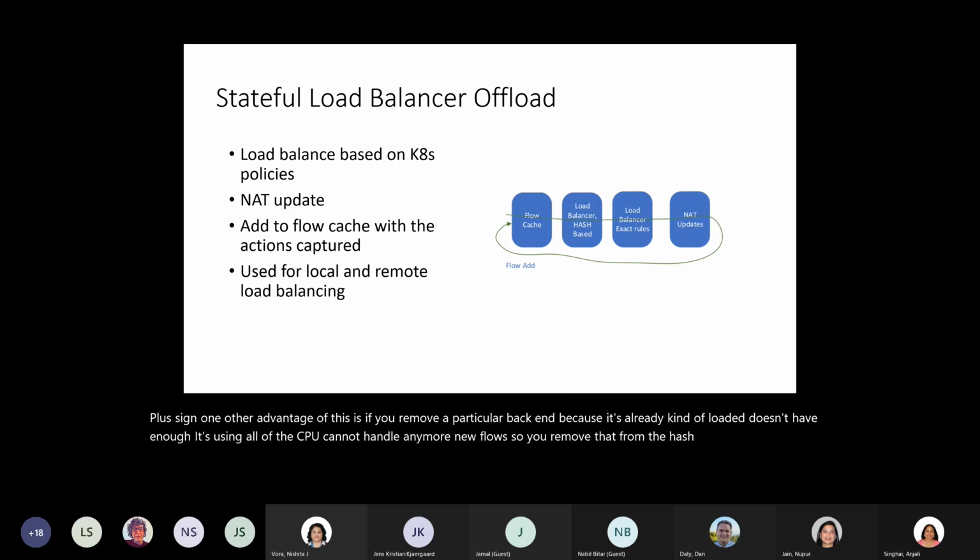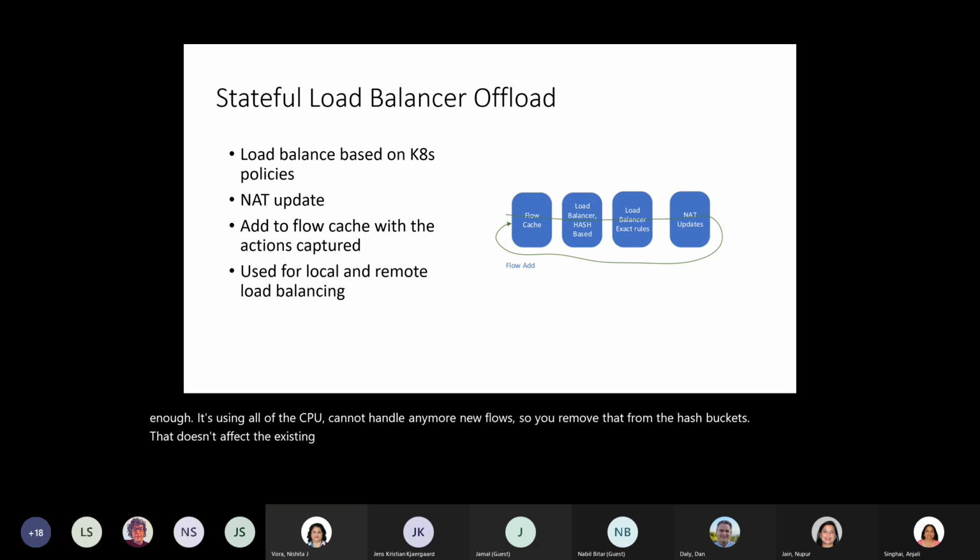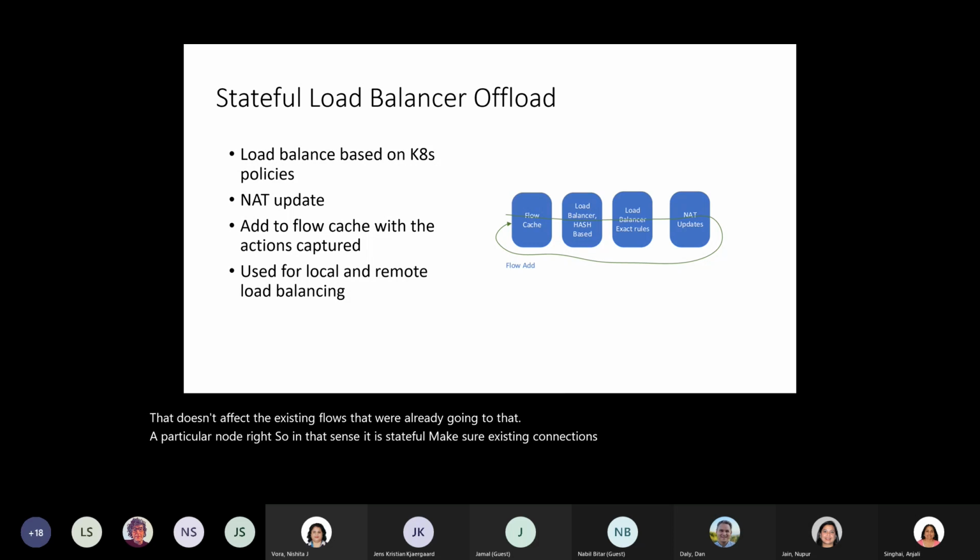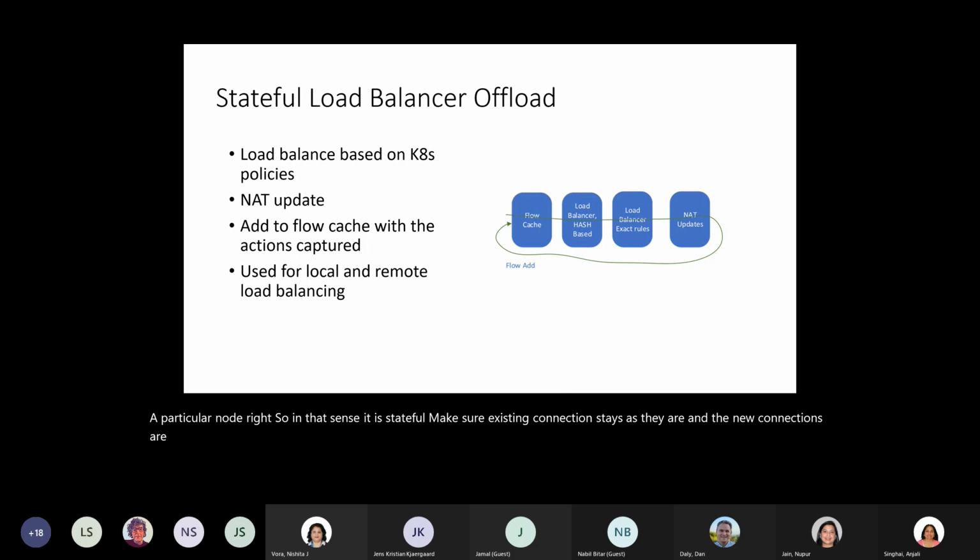That doesn't affect the existing flows that were already going to that particular node, right? So in that sense, it is stateful. It makes sure existing connections stay as they are, and the new connections are distributed based on the new distribution of the hash buckets.